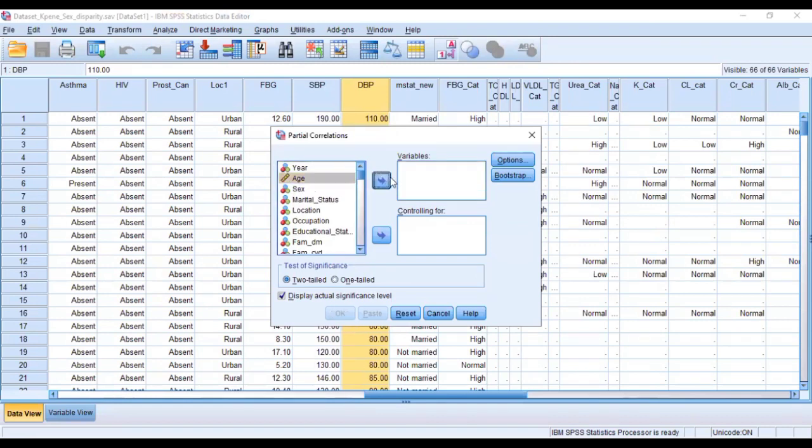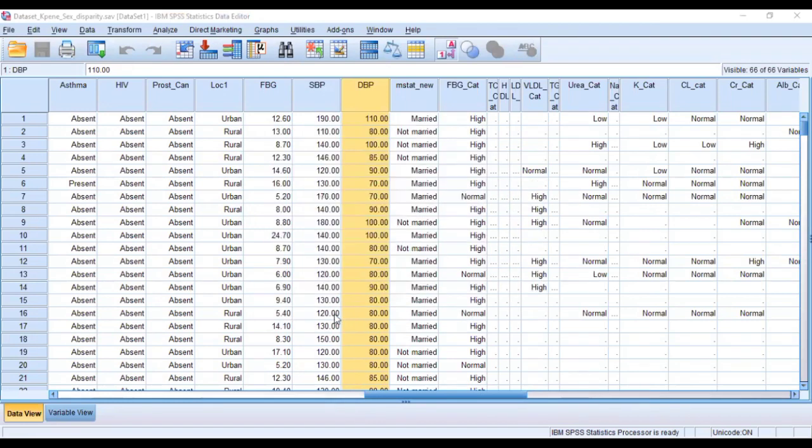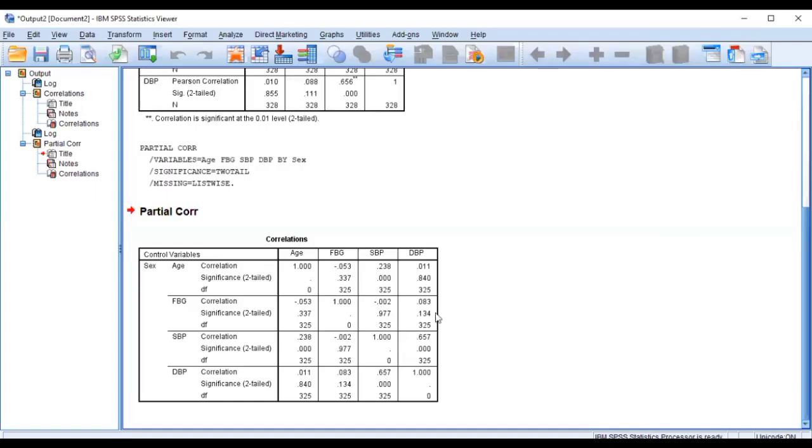So select them one after the other and bring them in. Then we are controlling for sex. Now you just click on OK, and straight away we have our output. So let's go to the output window, so we can have that. Yes, so over here we have the correlation coefficient, the significant level, and also the degree of freedom.